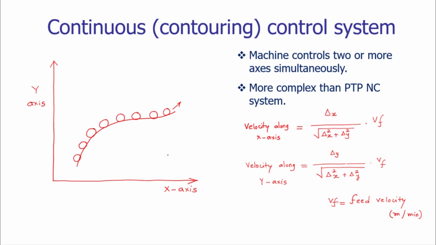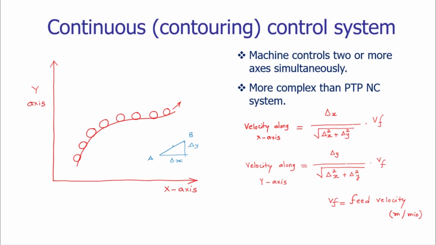So consider we need to move along the inclined motion from point A to point B. To reach point B from point A, we need to move along the x-axis by distance delta x, and along the y-axis we have to reach by delta y.